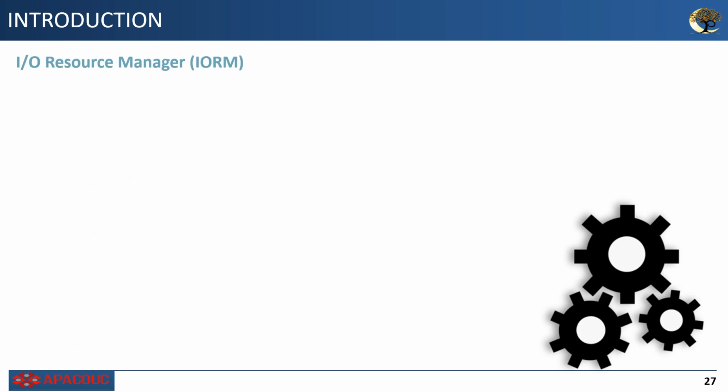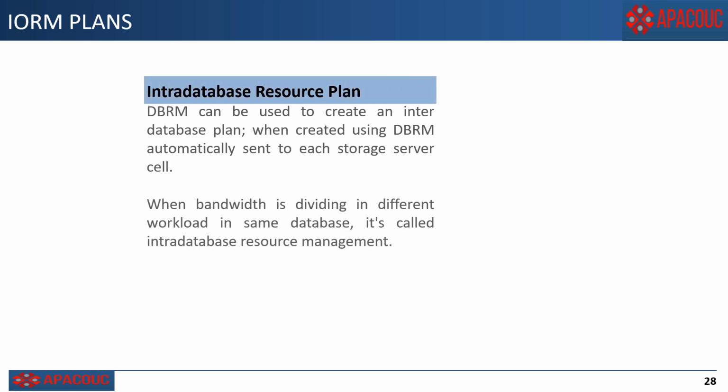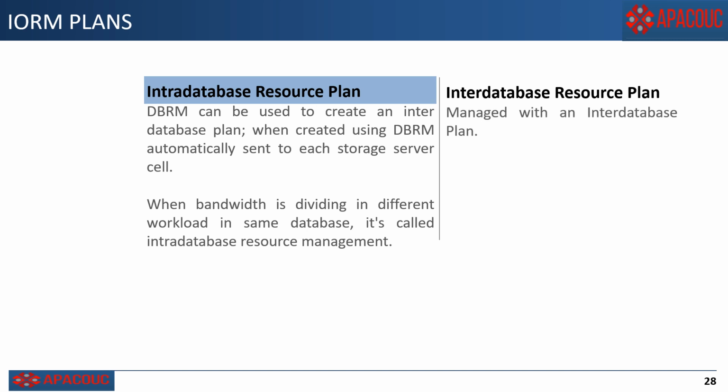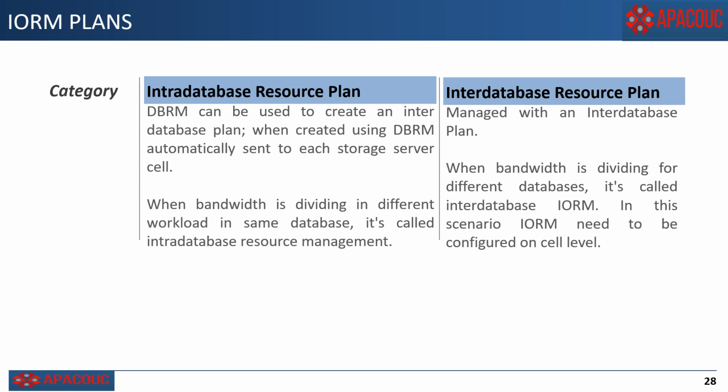I/O resource manager. We have 2 types of database plans. Intra-database plan, when you are distributing the bandwidth between resource consumer groups inside the database, or we have inter-database resource plan, which divides the bandwidth between the databases.